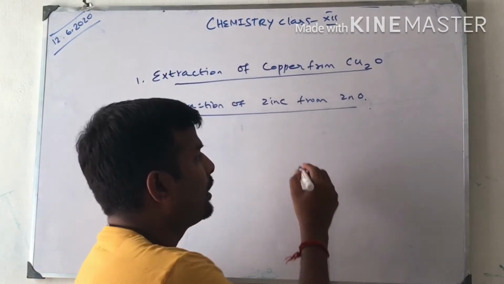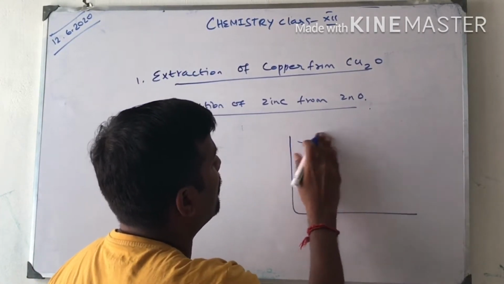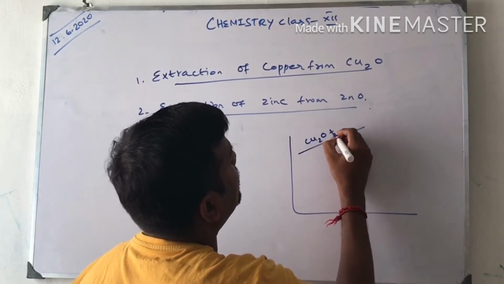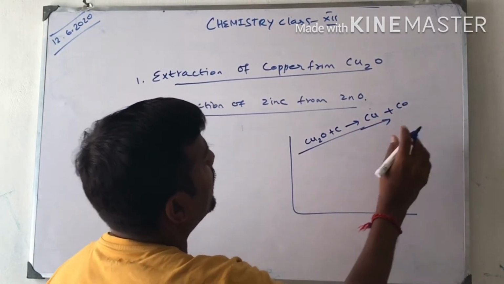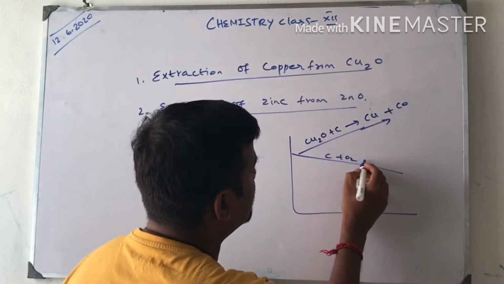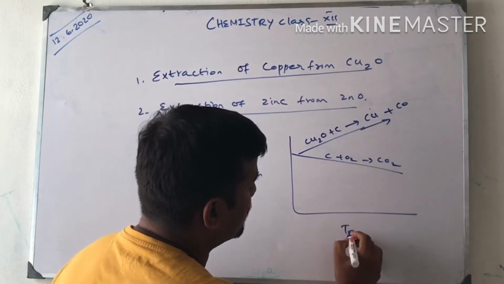In the Ellingham diagram, the copper oxide line moves like this. Cu2O plus carbon gives Cu plus CO. This reaction takes place in the Ellingham diagram. Carbon plus oxygen gives carbon dioxide, with energy delta H at a given temperature.